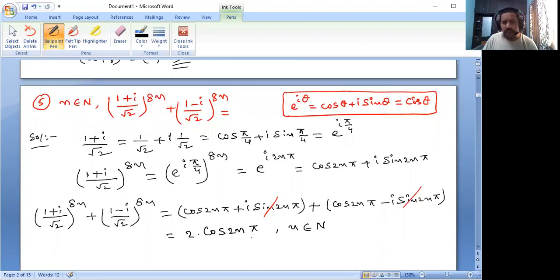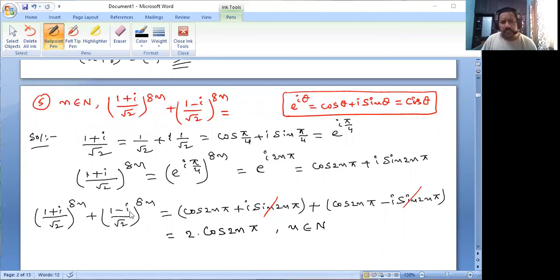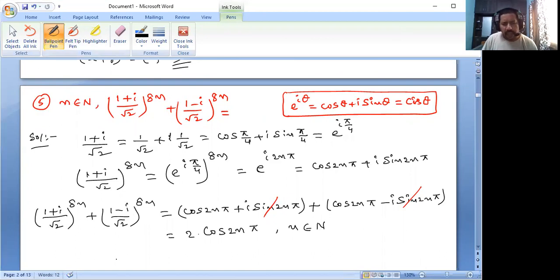Where n belongs to capital N. In place of n, substitute either 1, 2, 3, whatever may be. If you substitute n is equal to 1, then what will you get? That is equal to 2 cos 2 pi. 2 pi means 360.